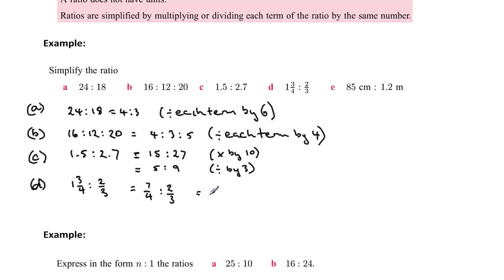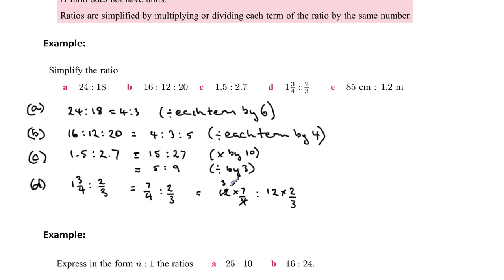We're going to take 12 times the left-hand side, 7 over 4, and we're going to multiply 12 by 2 over 3. And when you calculate, cancel these out, you'll notice that 4 goes into 4 once, cancels out with 12.